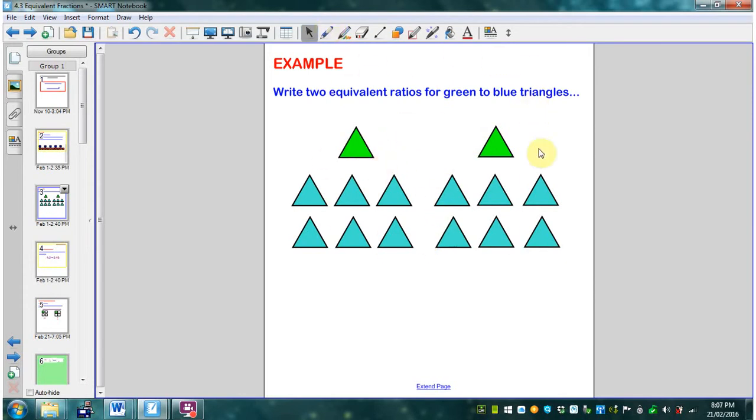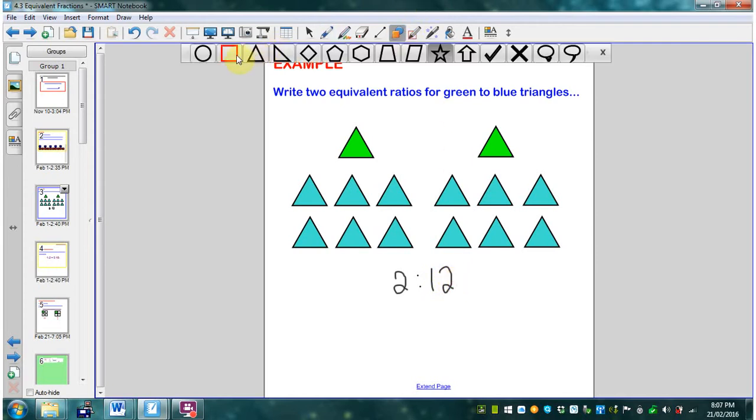Okay, so by now you should have tried this one in your mind or written it down in your exercise book. No need to draw out the blocks, I just want to see the ratios. So one ratio I would say would be 2 green blocks to 12 blue blocks.